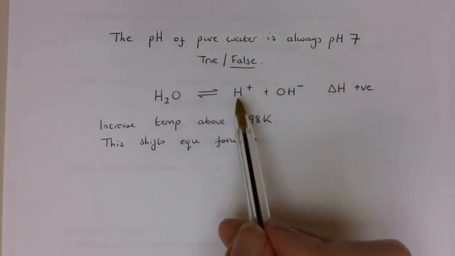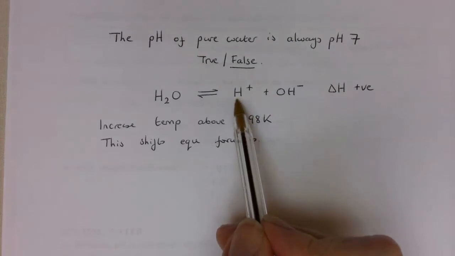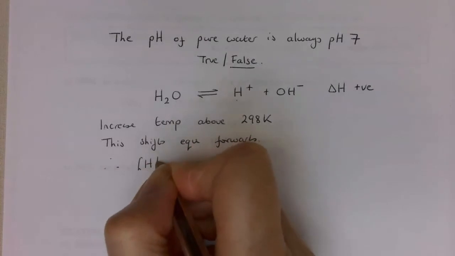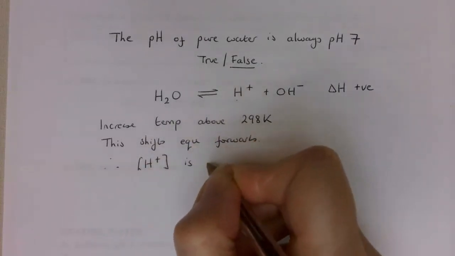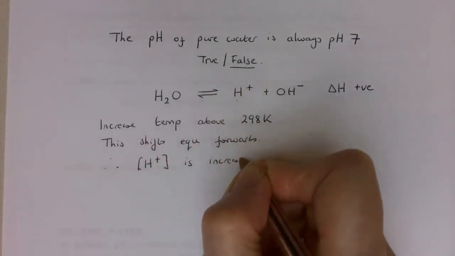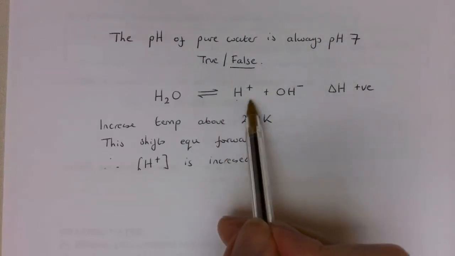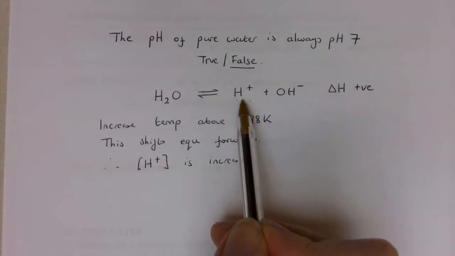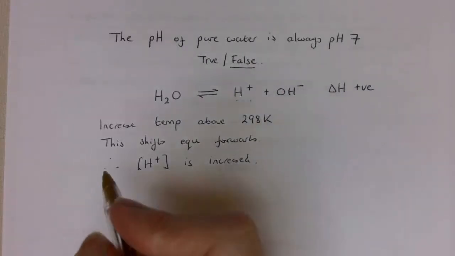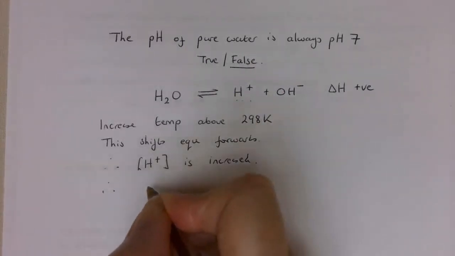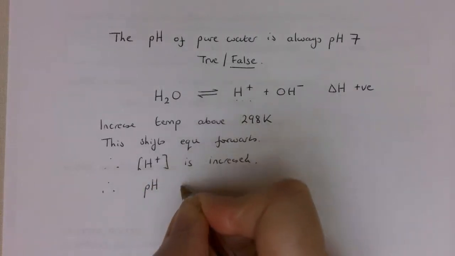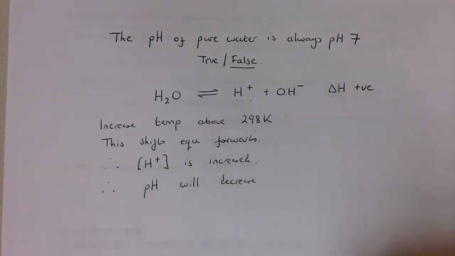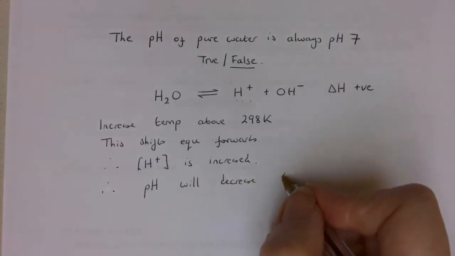What that will do is increase the concentration of the hydrogen ions. Because the equilibrium position has shifted forwards, I've now got a higher concentration of hydrogen ions. Because the concentration of the hydrogen ions is increased, the pH will decrease. In other words, it will get less than 7.